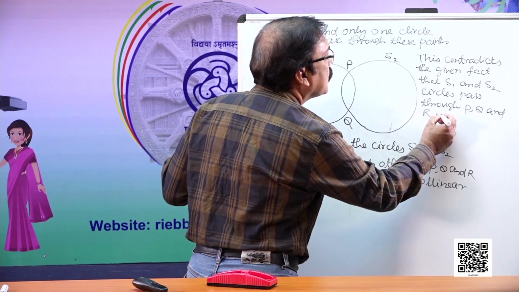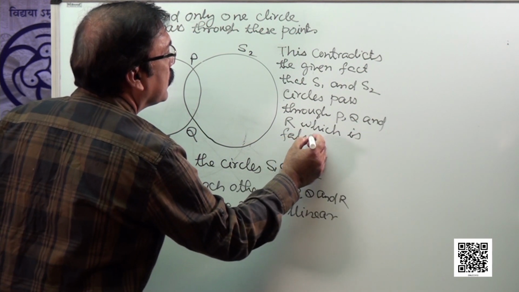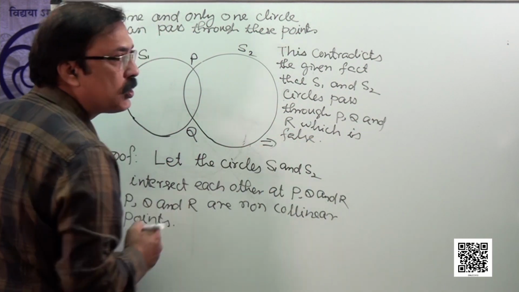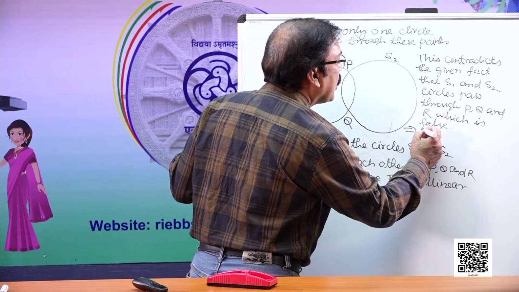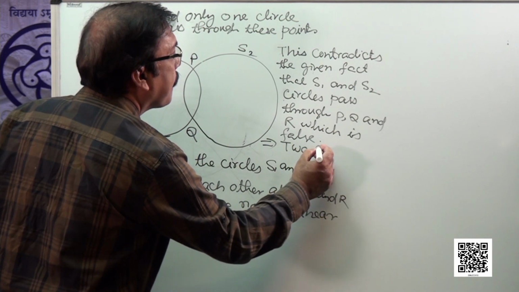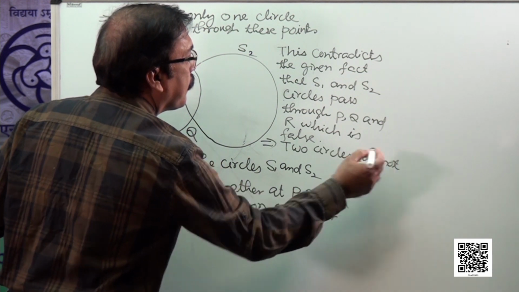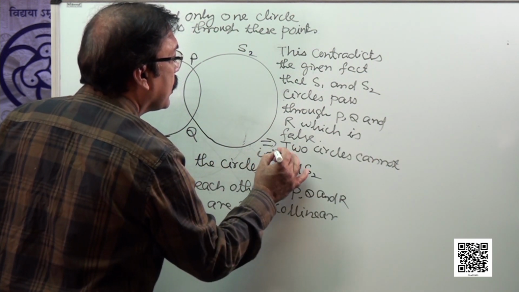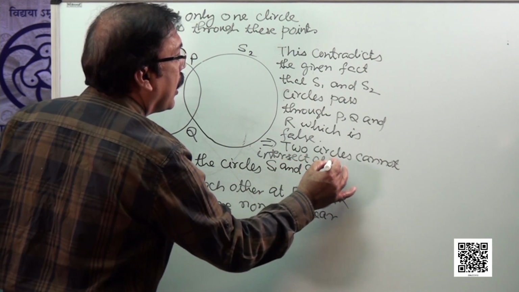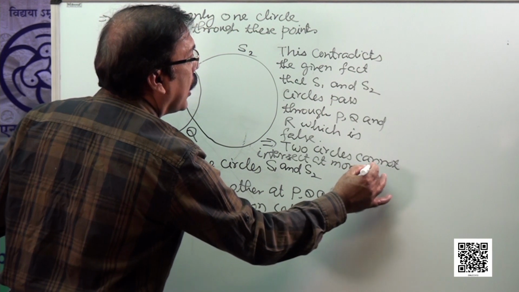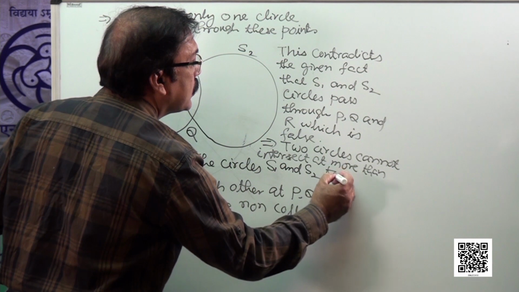If this is false, then what is true? The statement says that two circles cannot intersect at more than 2 points.